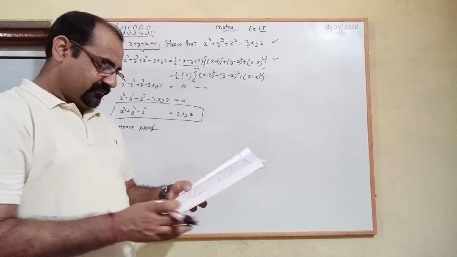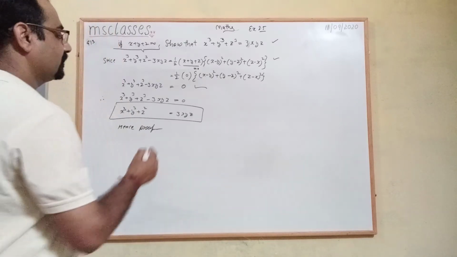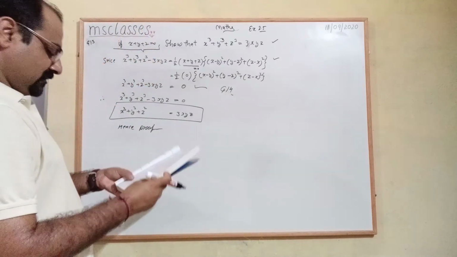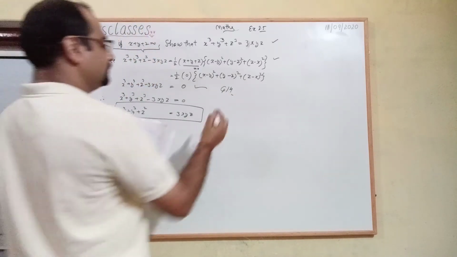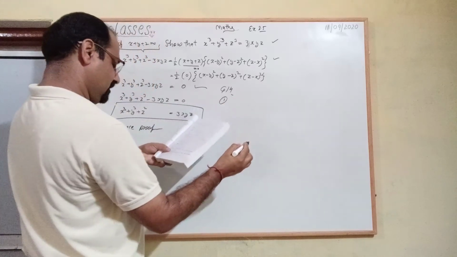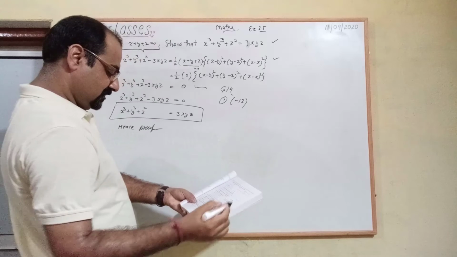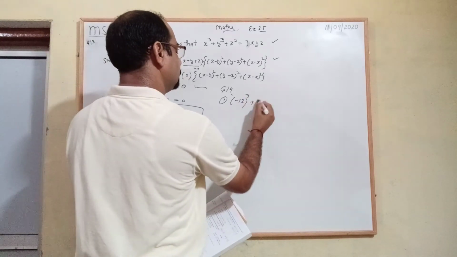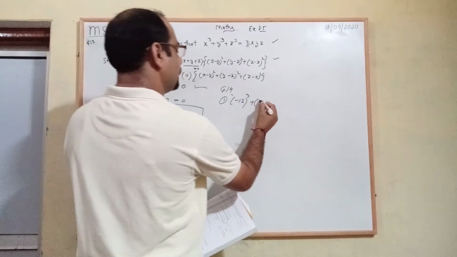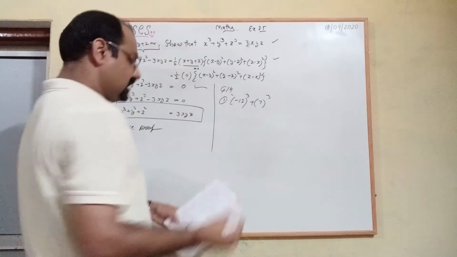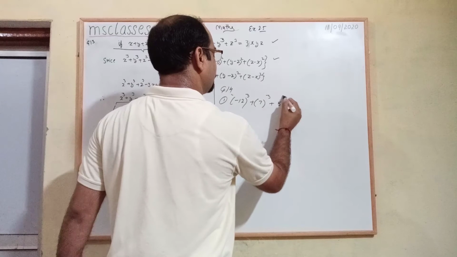Right. Now similarly, your question number 14. Here, first part: minus 12 cube plus 7 cube plus 5 cube.